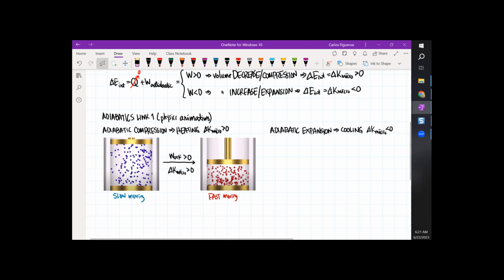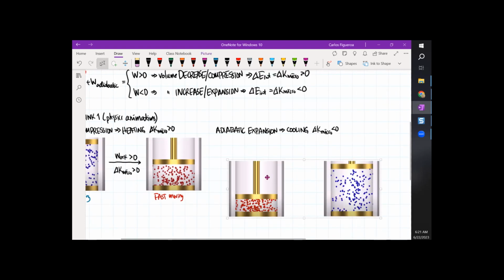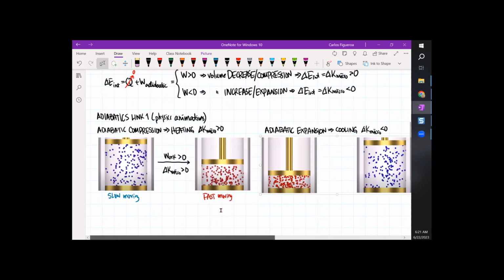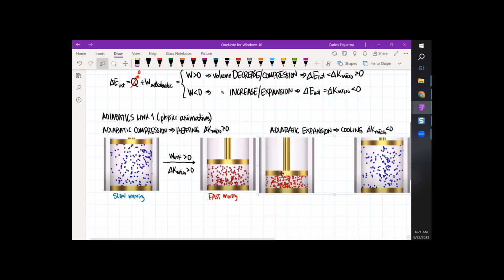So if I go get that image and put it in here, looks like I'm going to have to move this over here. What you're seeing here is an expansion going like this. So this expands, whereas in this case here, we had a compression.